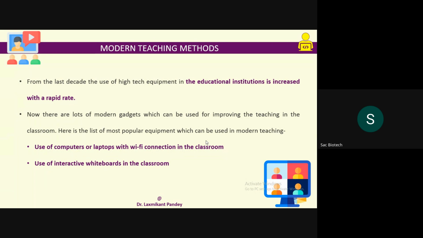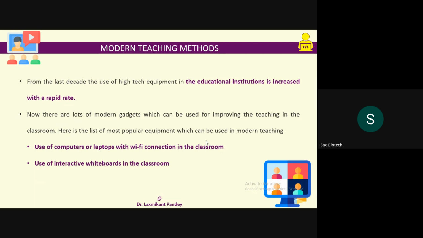Because of that, it is very important to evolve the traditional teaching ways in a modern way, to incorporate today's generation's software and different kinds of gadgets, like whiteboards in the classroom, and interactive boards.